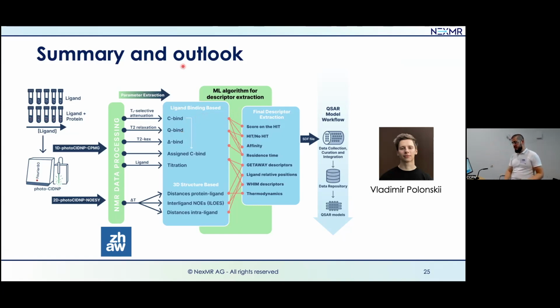And machine learning could be pretty good at that, of interpreting directly these NMR data into some QSAR workflow to avoid this loss of information that we have when, for instance, we go from, is it binding, is it a hit or is it not a hit? The affinity has some error, and each affinity on each atom is sometimes different. We don't really know why, but this is still some information that we can use, and that, for instance, we actually use with our collaborators at Affinity. So this is where we're going, more integration.